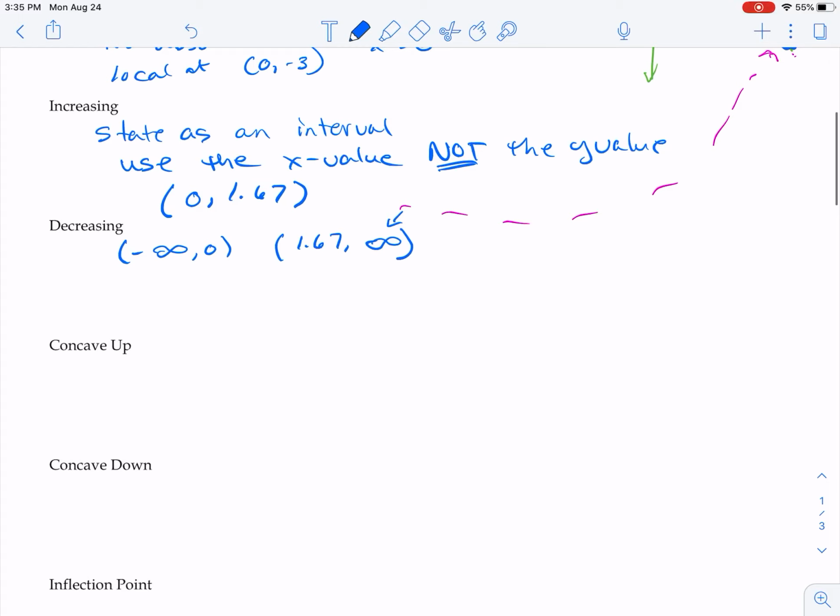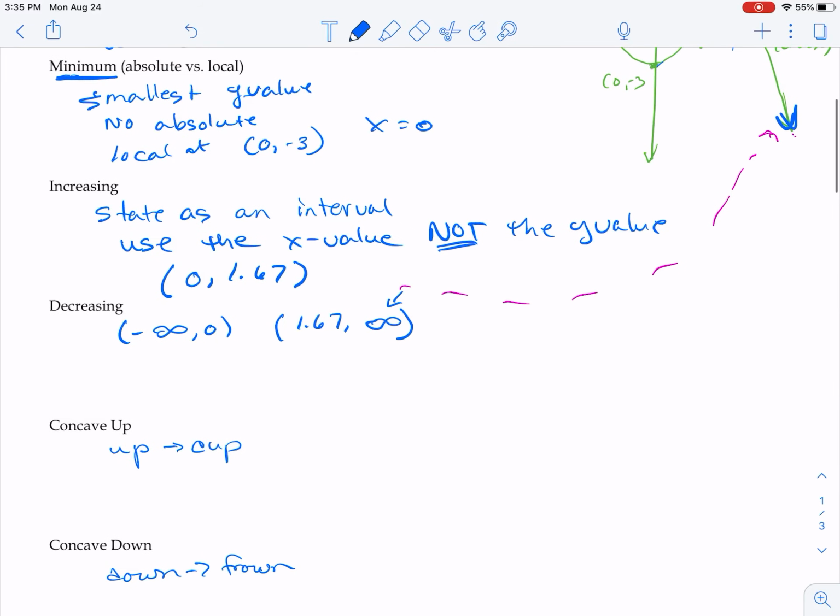Concave up, cup. Concave down, frown. Okay? Increasing and decreasing, here, use max and mins as endpoints.